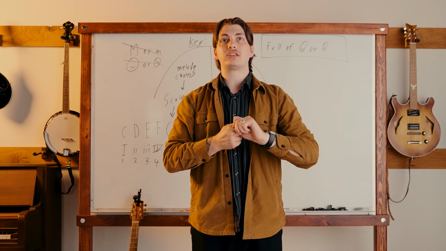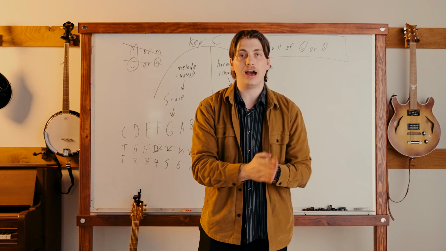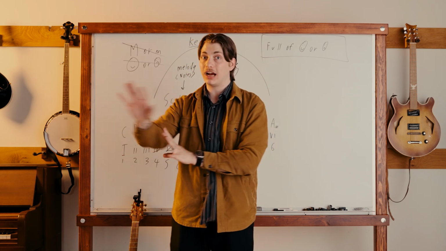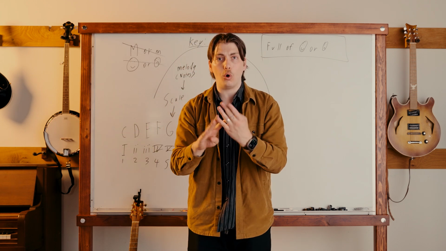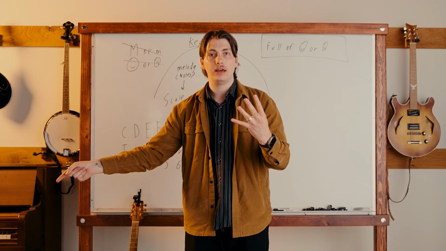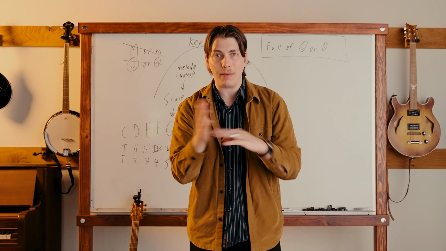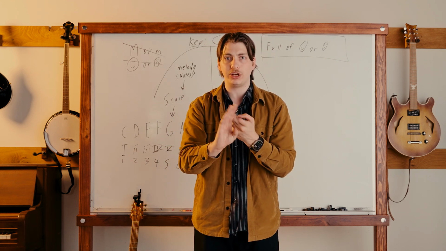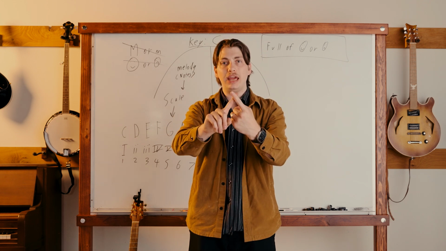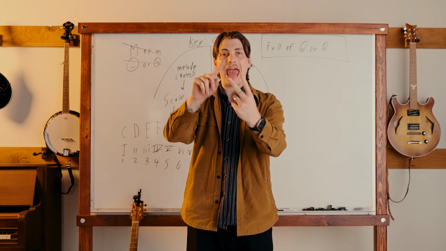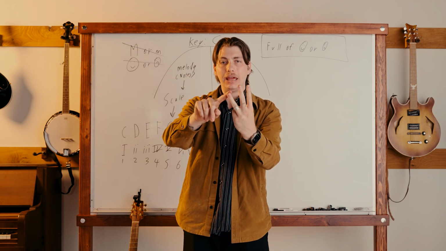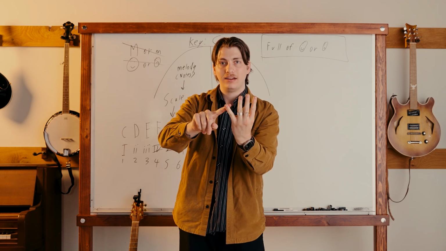If I said, what's the 4 in the key of G? Okay, we haven't ever talked about this before. But what's the 4 in the key of G? You would start at G, and then remember the music alphabet, it starts over after G. So we would go G, and then we would go A, B, C. Okay?